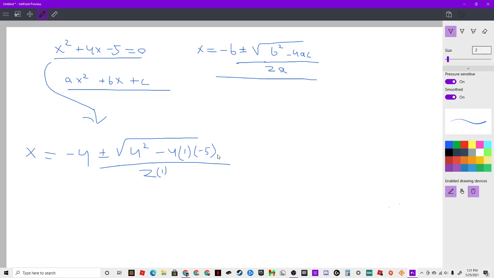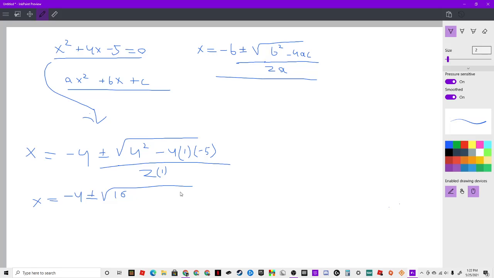Now, to solving it. What you want to do first is work out what's inside here. So x equals negative 4 plus or minus the square root. 4 squared would be 16, so we put in 16.